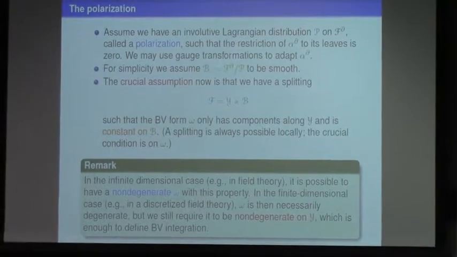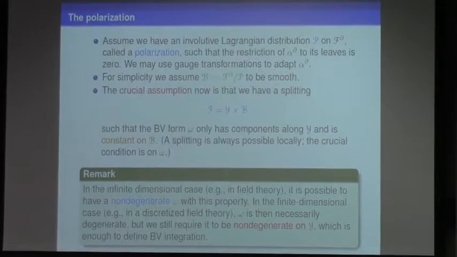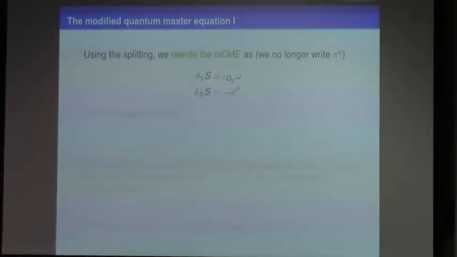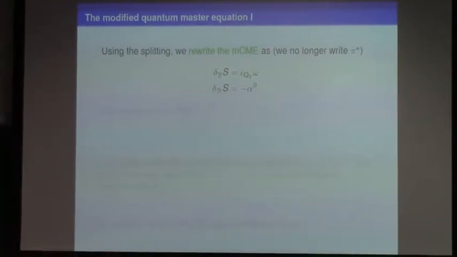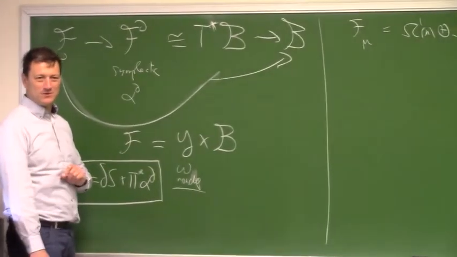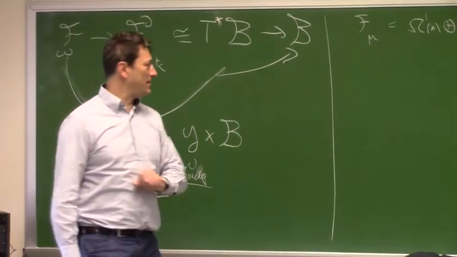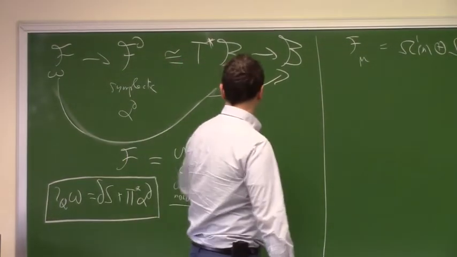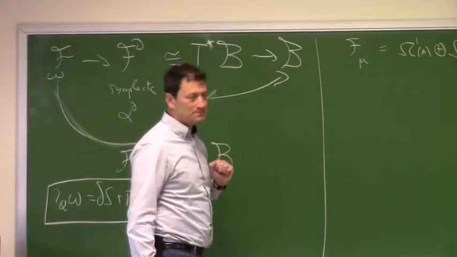Okay, so now let's assume that we are splitting. Now the interesting thing is that I can write down the important equation. Remember that we have this equation, delta Q omega equal to delta S plus the pullback of alpha boundary. This was the fundamental equation of the whole formalism. And now I rewrite it using this splitting and the condition that alpha vanishes on the fiber.